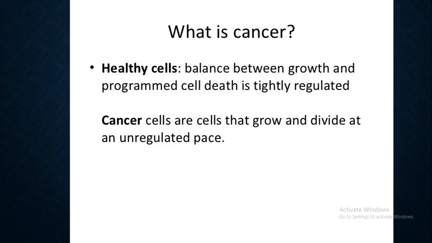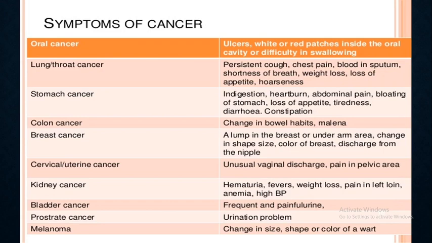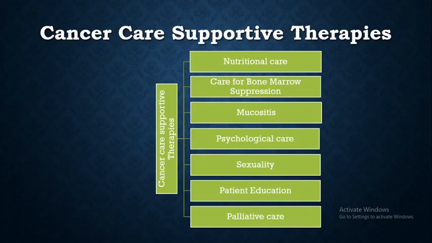So basically, this we can take as a definition of cancer, right? As for the symptoms of cancer, I'm not going to stress this slide, because if you cannot remember, you can always go back to the first lecture, the introduction to cancer, where we discussed these things thoroughly, right?